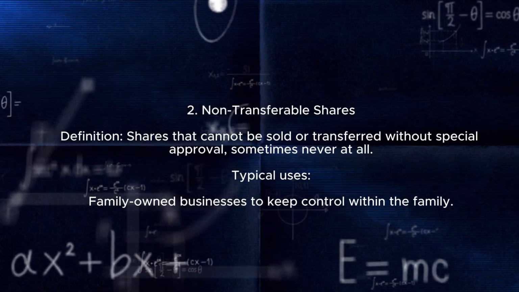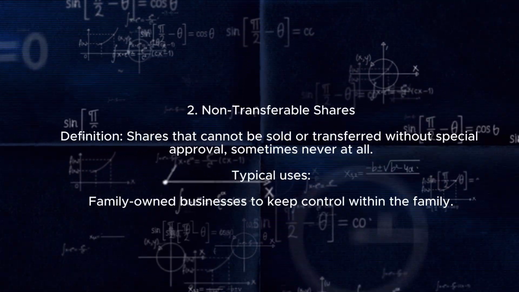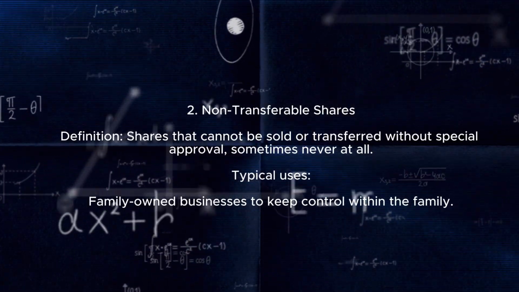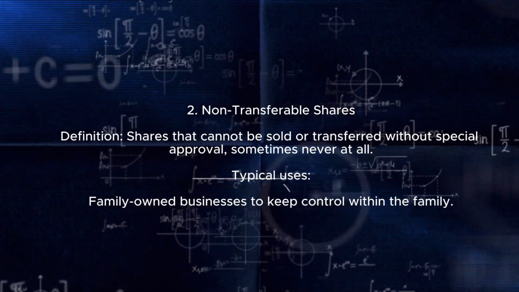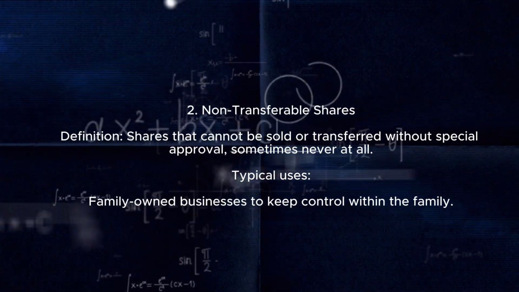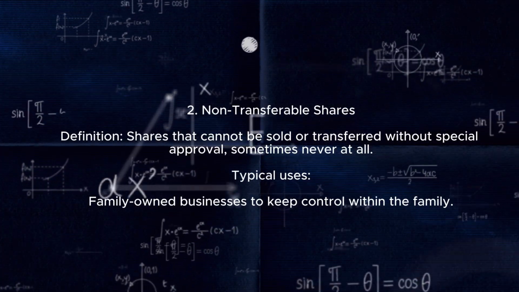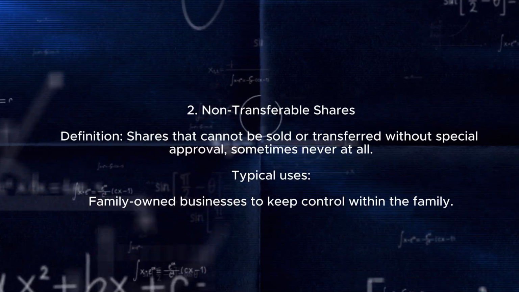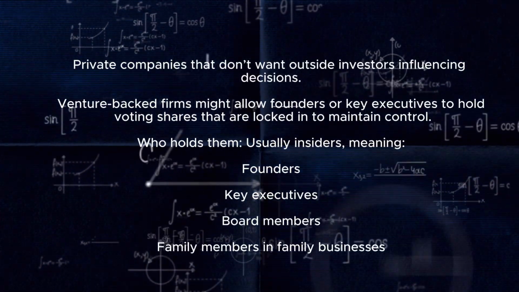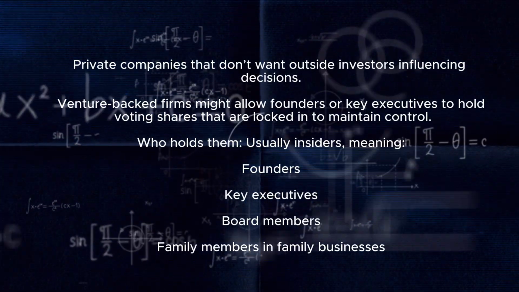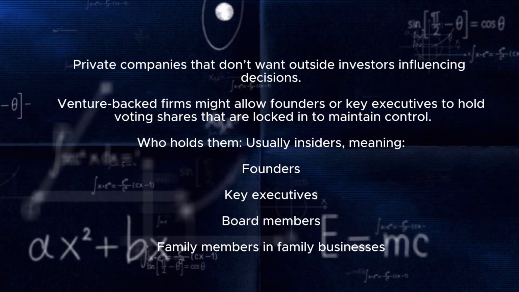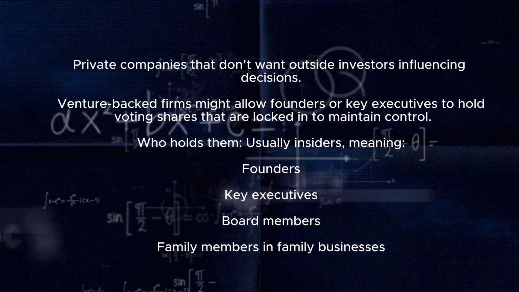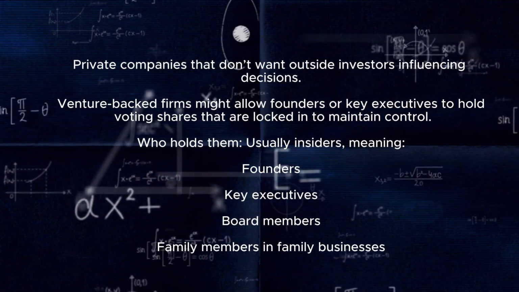2. Non-transferable shares. Definition: shares that cannot be sold or transferred without special approval, sometimes never at all. Typical uses: family-owned businesses to keep control within the family; private companies that don't want outside investors influencing decisions; venture-backed firms might allow founders or key executives to hold voting shares that are locked in to maintain control.